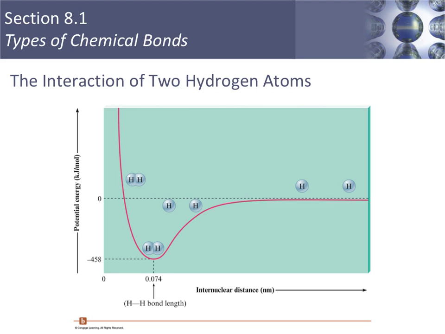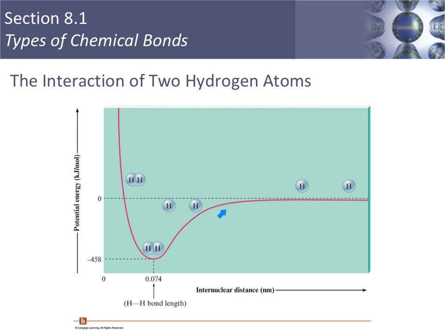So this is a common diagram that's used to represent the bonding process that takes place. So we start out here, and these are the hydrogen atoms that are separated.